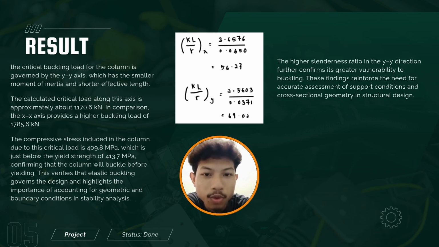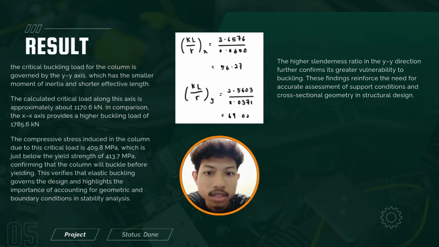The critical load along this axis is approximately 1170.6 kilonewton. In comparison, the x-axis provides a higher buckling load of 1785.6 kilonewton.